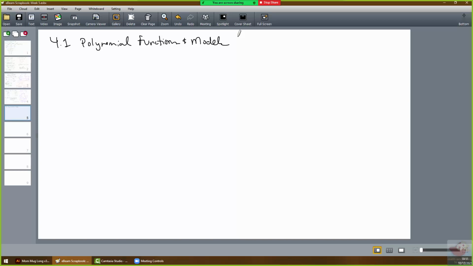We start off with probably the ugliest definition of the entire class. So, sorry, here it is.